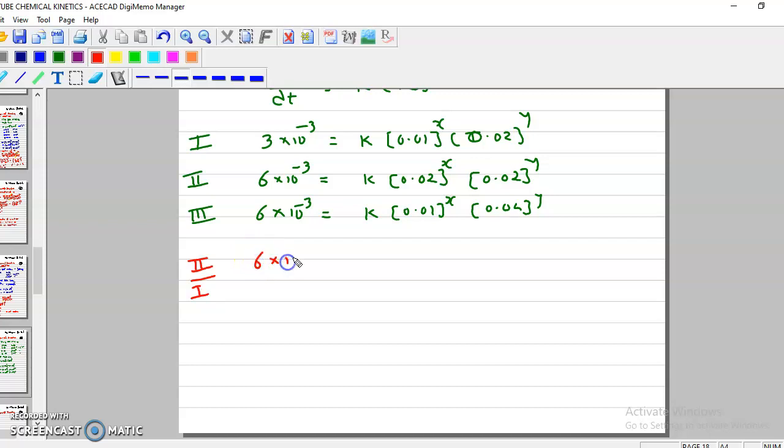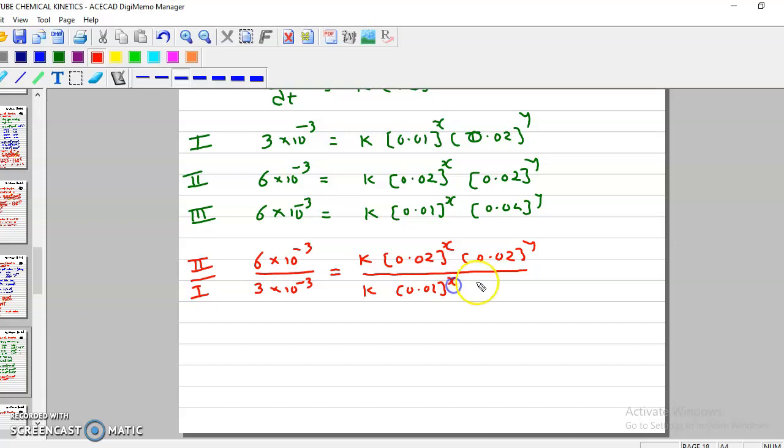So the ratio of rate, 6 into 10 raised to minus 3 upon 3 into 10 raised to minus 3, is equal to k 0.02 raised to x 0.02 raised to y upon k 0.01 raised to x into 0.02 raised to y. Here it is clear that 10 raised to minus 3 cancels, k cancels, and 0.02 raised to y, 0.02 raised to y will also cancel.